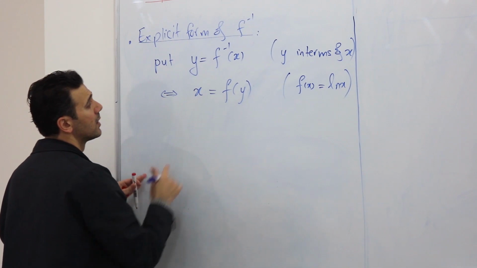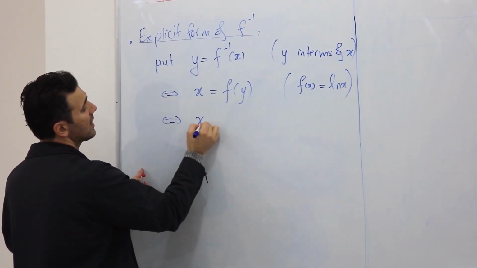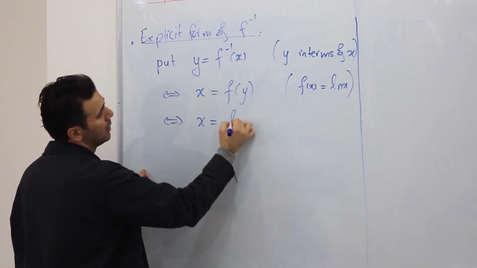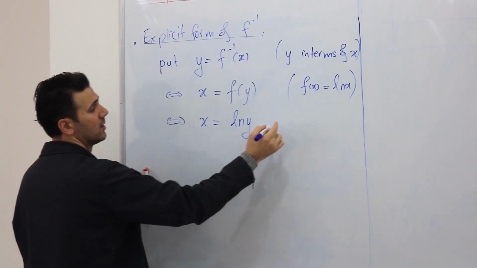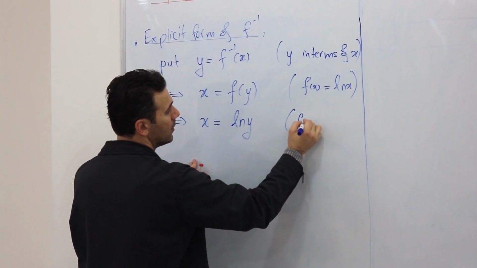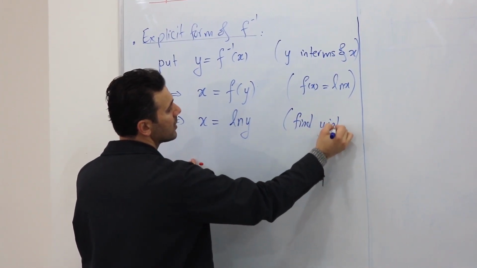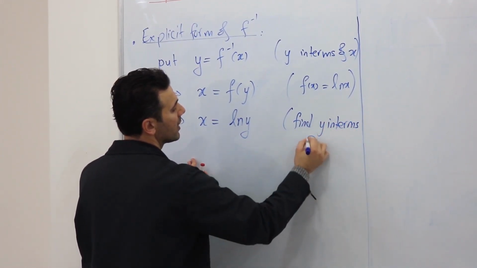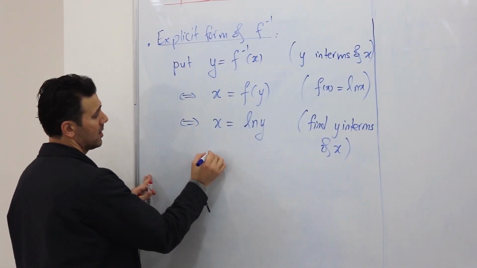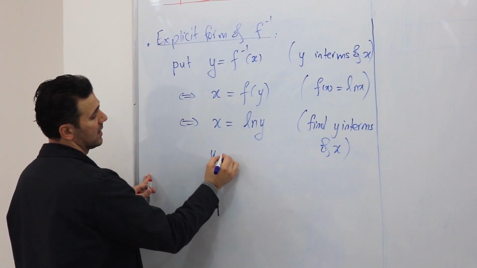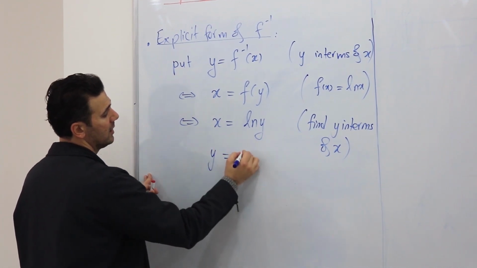So equivalent to say that x equal what? Ln y. And there is a rule to find y in terms of x. How could we get this? We can get this by a rule that says y equal e power x.